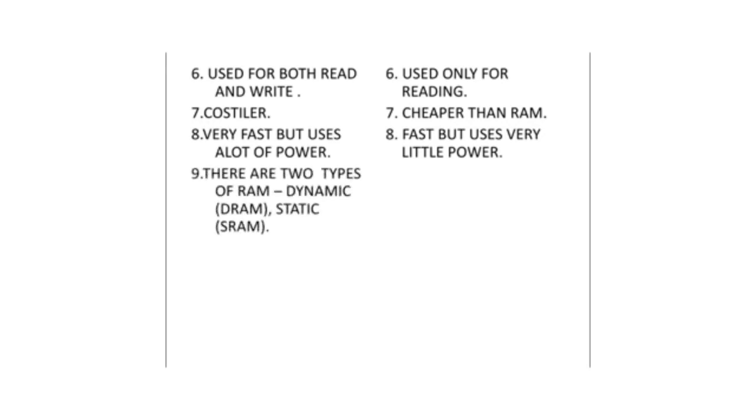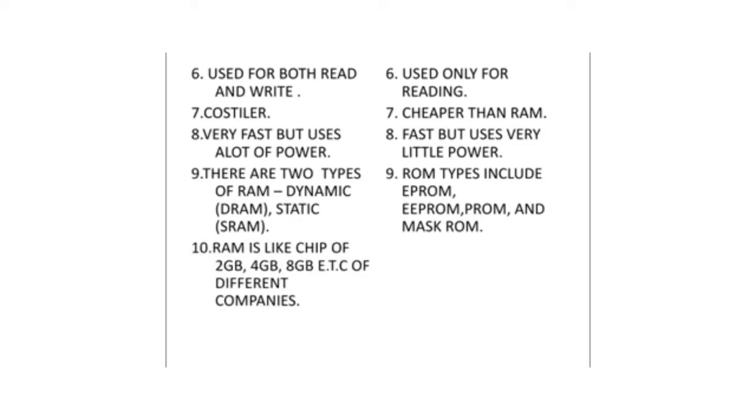Next, RAM. There are two types of RAM, that is dynamic and static. Dynamic stands for DRAM and static stands for SRAM. Whereas ROM types include EPROM, EEPROM, PROM and mask-ROM. RAM is like a chip of 2GB, 4GB, 8GB, etc. of different companies.